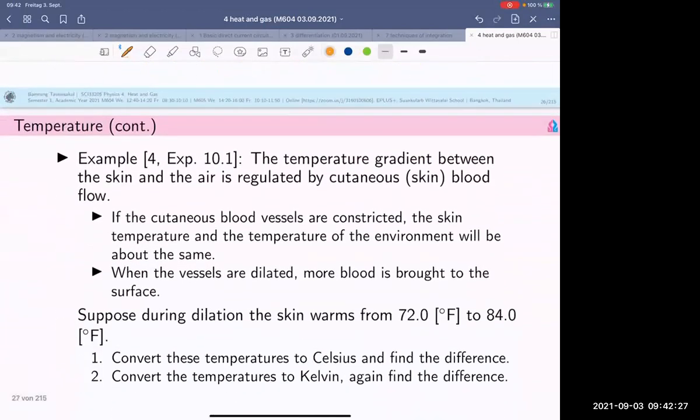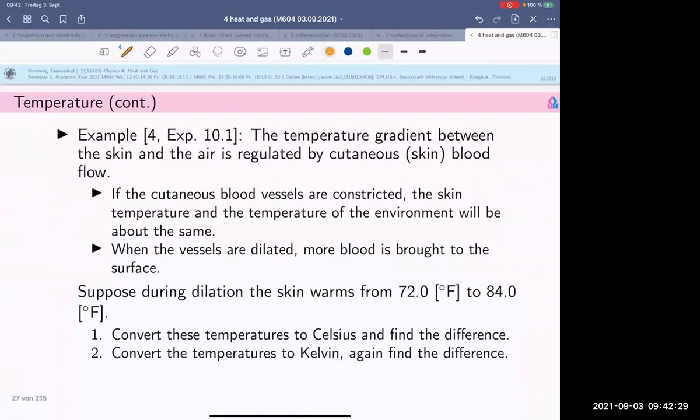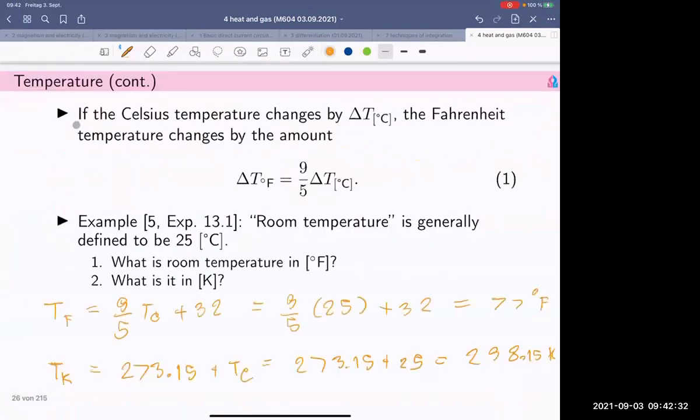We arrive at the next example, which is a temperature unit conversion problem.